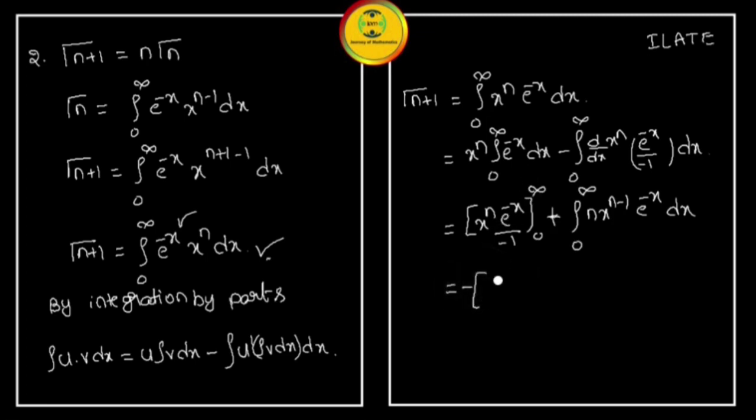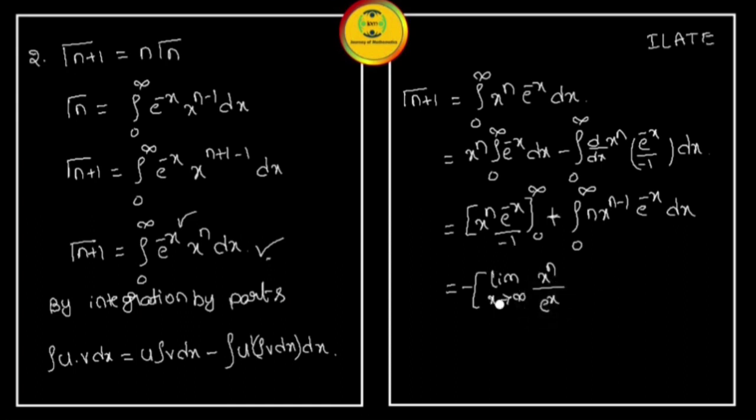So this one is equal to, to apply upper limit minus lower limit, so minus of, since we have infinity, we have to replace it with the limit as x tends to infinity of x power n divided by e power minus x. Let us write e power minus x as 1 by e power x.